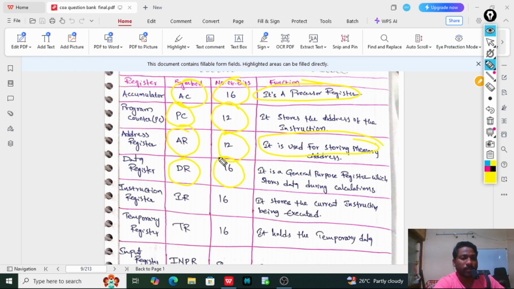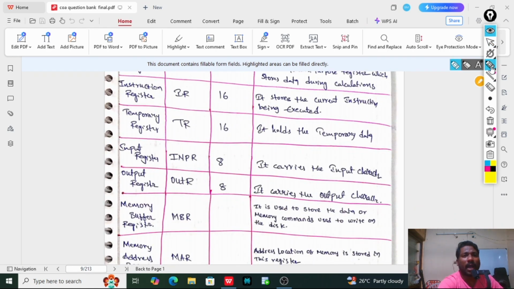It is a general purpose register which is going to store data during calculation. Suppose I am doing an a plus b operation. The value A is stored in one data register, the value B is stored in another data register, and the resultant will be stored in one data register. We will discuss everything clearly in future classes about the data register also.